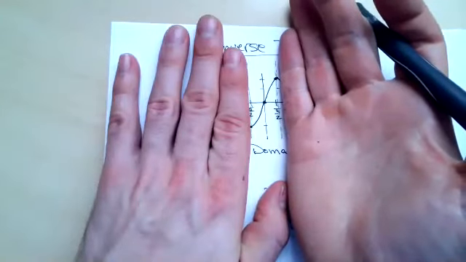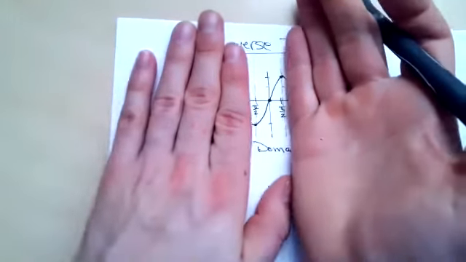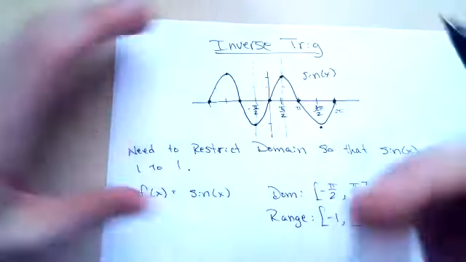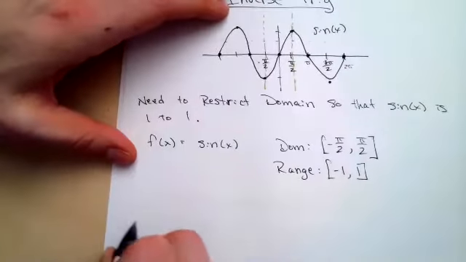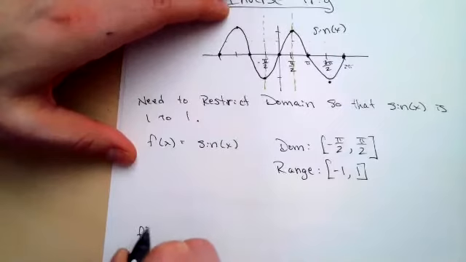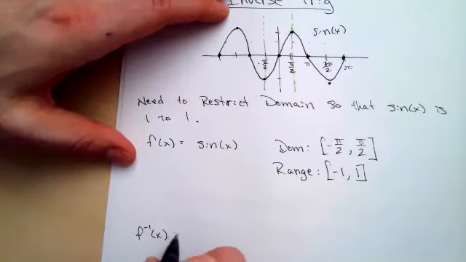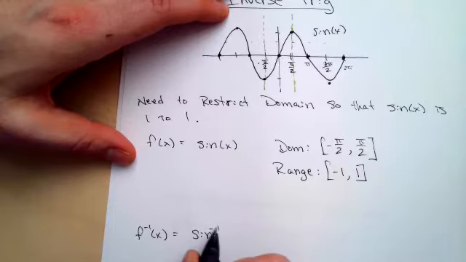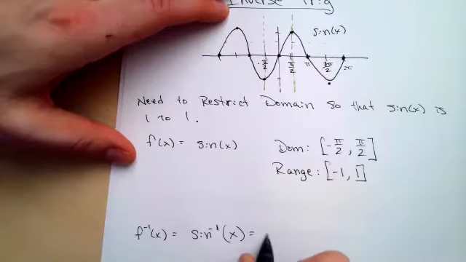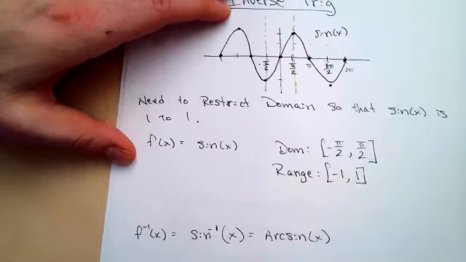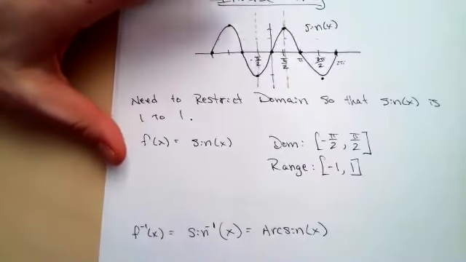Now it's 1-to-1. We're ignoring everything else. So now we have a 1-to-1. We can create the inverse. And we call that inverse sine, which we write as sine with this -1 in the superscript. Sometimes you also see it as arc sine of x. So arc sine just means inverse sine.